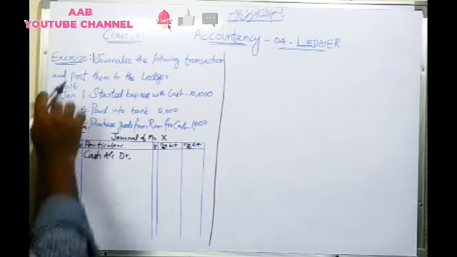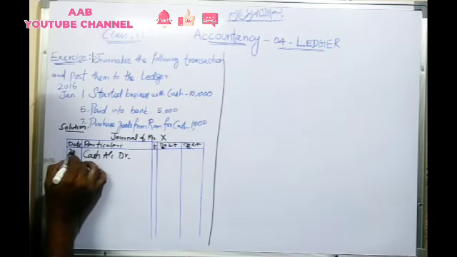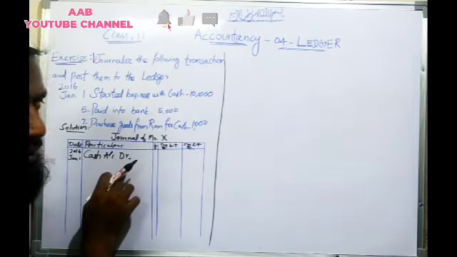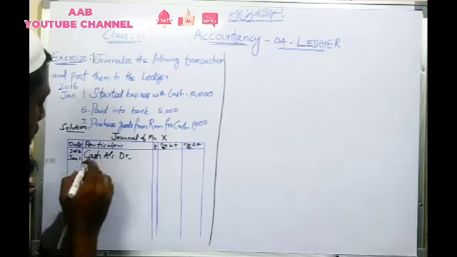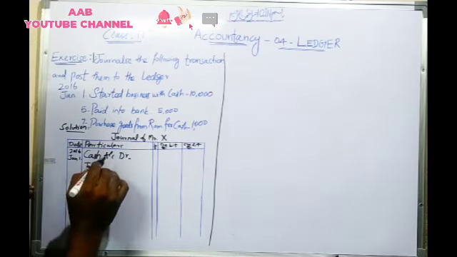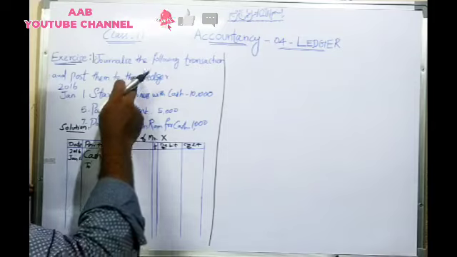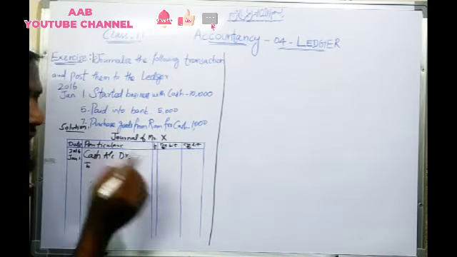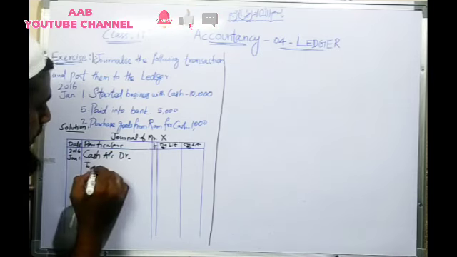First of all you have to write the date and year, 2016 January 1st. Cash comes in, so cash account debit. Who invested is not given, so capital account. The cash invested is capital.